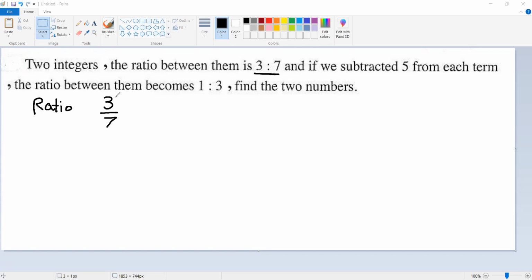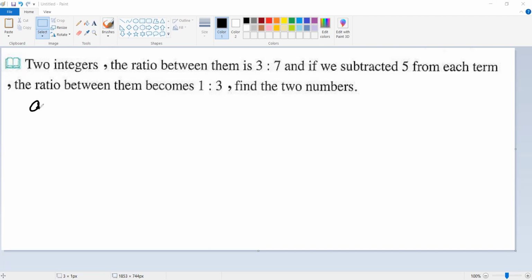The ratio between the two numbers, 3 to 7, means 3m and 7m.